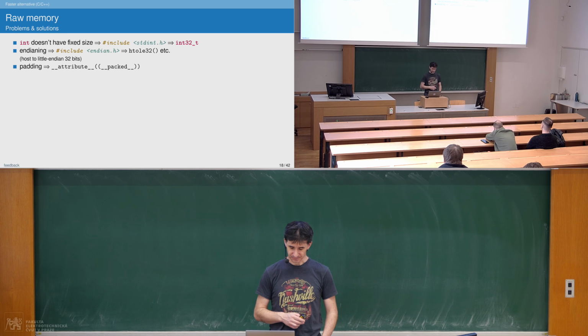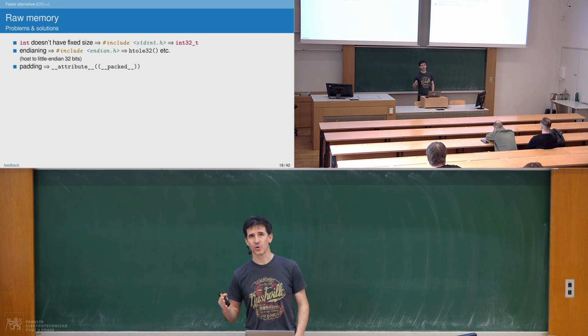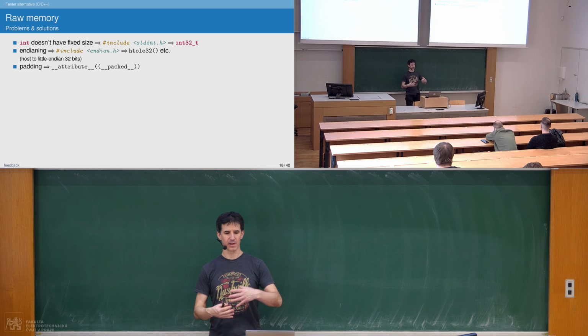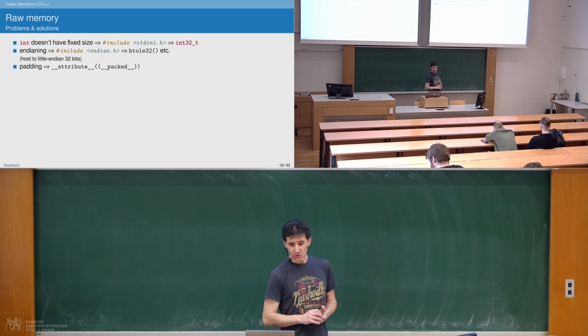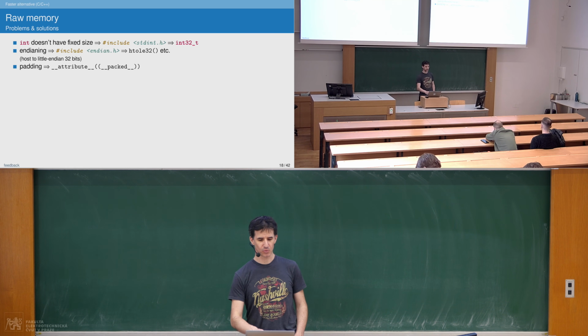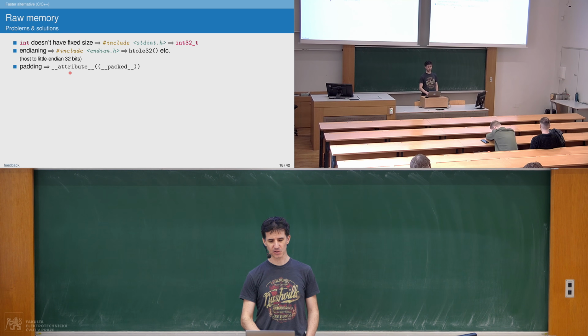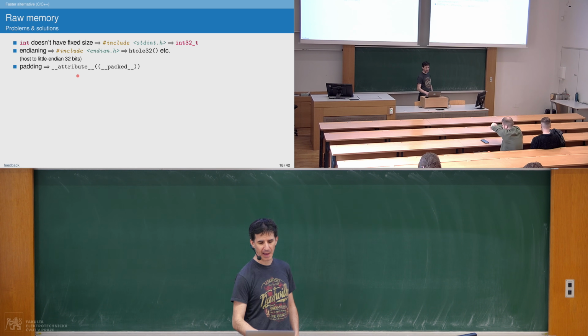And last but not least, I have talked about this padding, that the compiler adds extra padding to this data structure. If you don't want the compiler to add this padding, at least in case of GCC and Clang compilers, you can specify the attribute packed.